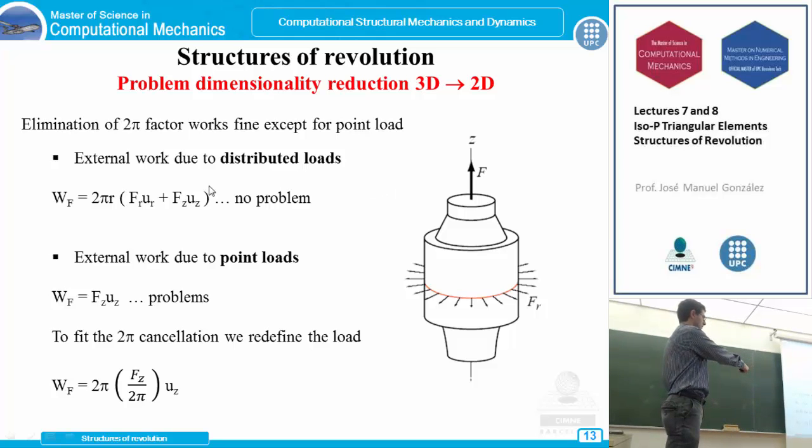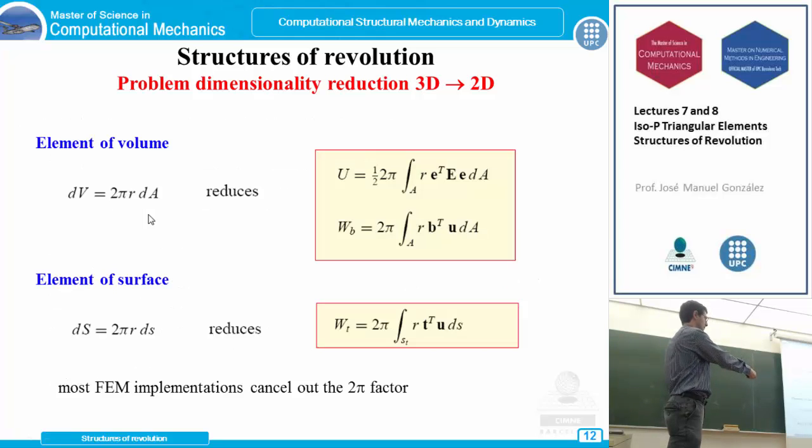So the external work due to the distributed loads with an axisymmetric distribution, in the radial case, in the vertical case, we easily calculate the external work, assuming that the external work is calculated like the load times the displacement, and we have a 2π extension around the axis and the radial component for any point of the domain. So for us it's no problem because we treat it like this, using the expression in the slide before.